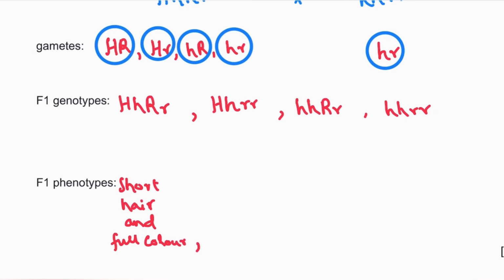Next one: due to capital H, hair will be short, and due to small r, the cat will be pointed. Small r will result in a pointed cat.